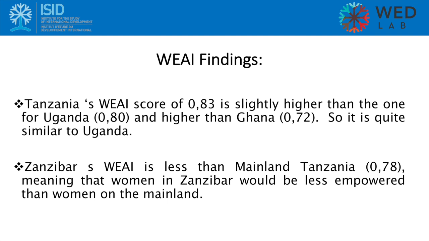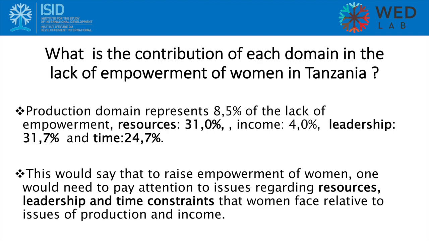So if you do just the count of the WEAI for Zanzibar, you actually find that it's slightly lower than mainland, right? But what's more interesting from the baseline is that I can look at the contribution of each of the 5 different domains of the index to the lack of empowerment in Tanzania. Right?